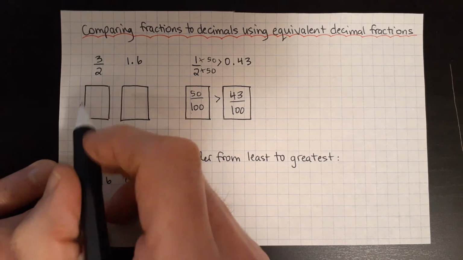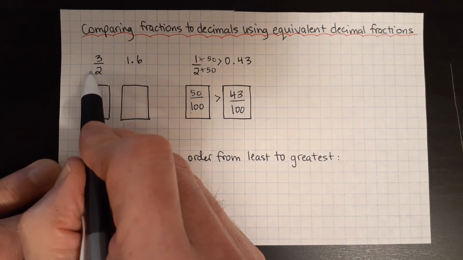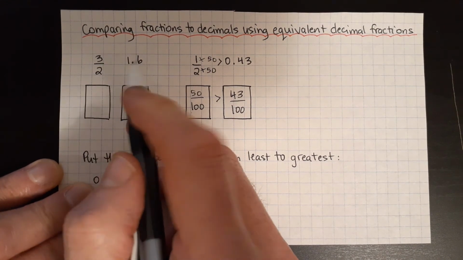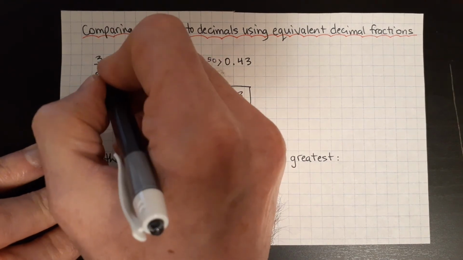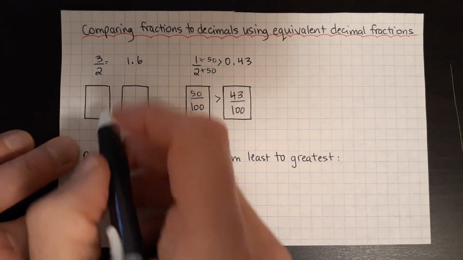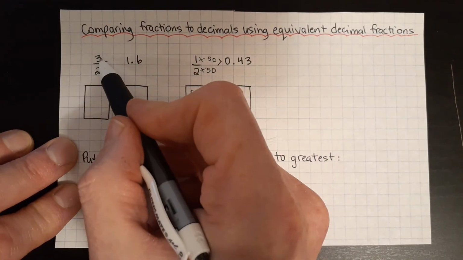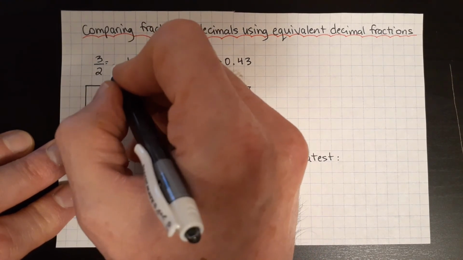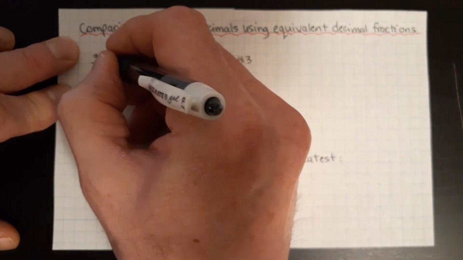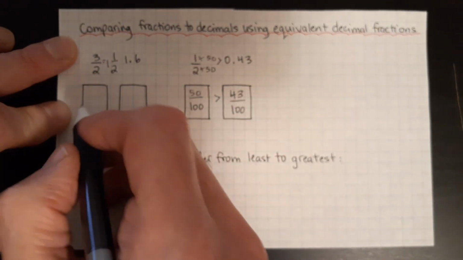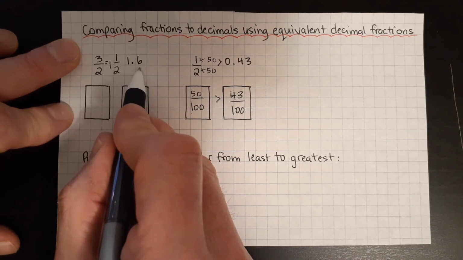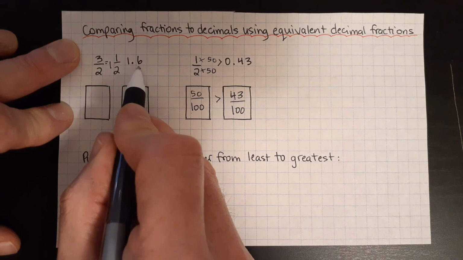Now this one's a bit trickier because this uses an improper fraction, and then this is a number that's greater than 1. And so what I can do is convert this from an improper fraction to a mixed number. So again, 3 over 2 converts to 1 and 1/2. Okay, and then I need to change it to a denominator of 10, because the 6 is in the tenths spot.